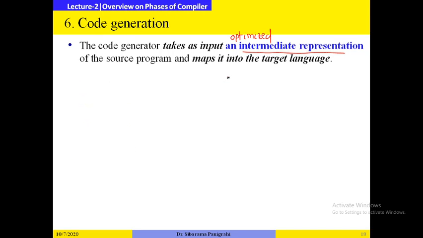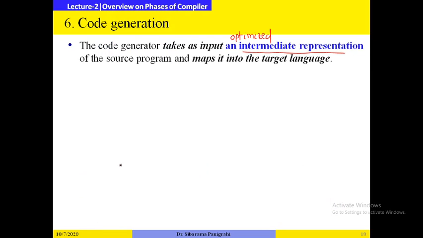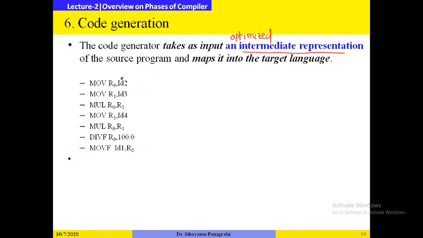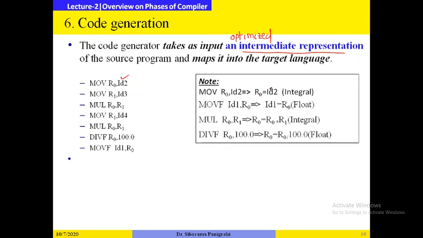So what is our first operation? T2 equal to ID2 into ID3. So ID2 must be transferred into a register and ID3 must be transferred into a register, so that we can apply the multiplication operator. First, here you see MOV ID2, R0.